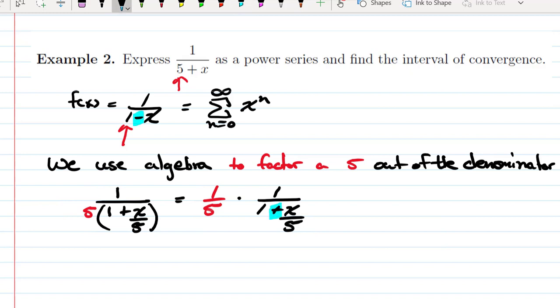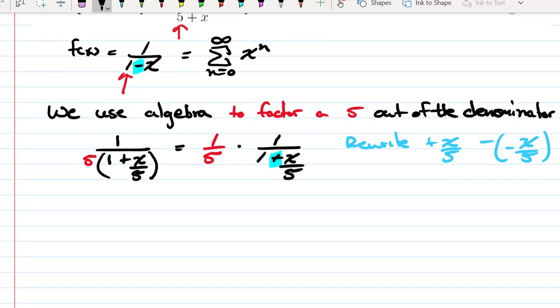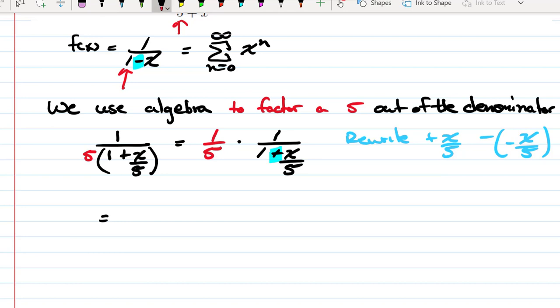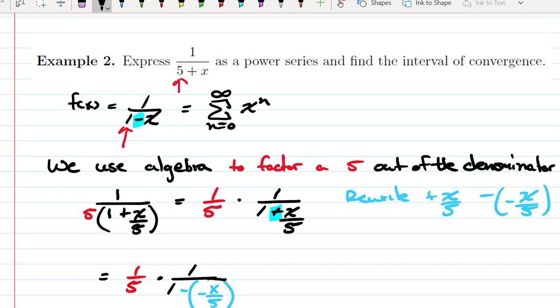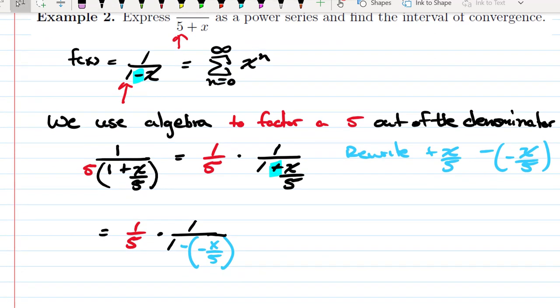So we're going to rewrite positive x over 5 as a minus a negative x over 5, because a minus minus is the same as a plus. So finally, we end up with 1/5 times 1 over 1 minus a negative x over 5. So now we finally have it expressed in the way that we need.